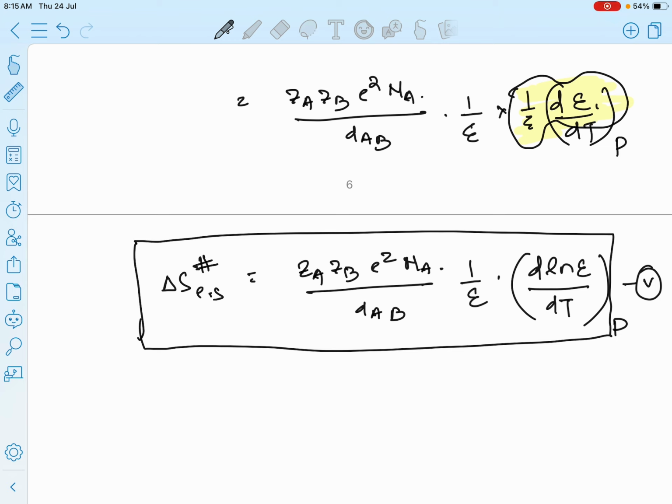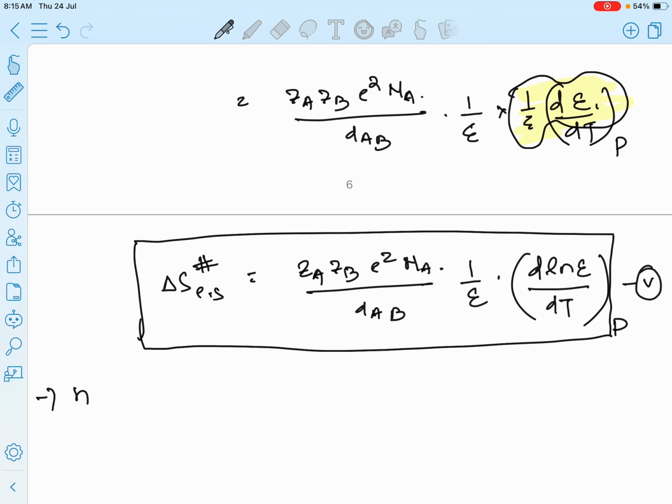Then we will calculate the change in logarithm of epsilon with respect to temperature. If the medium is continuous over a temperature range, then obviously the dielectric constant, which is the nature of the solvent, will also remain the same.